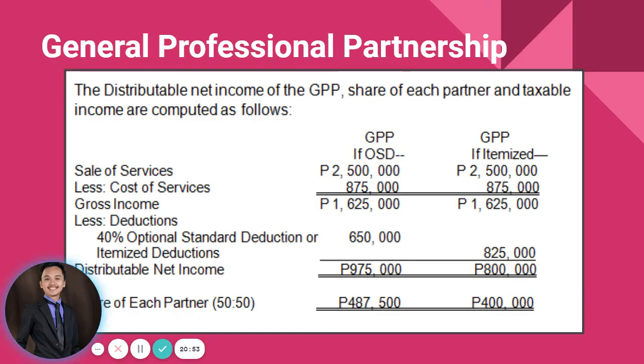So again, guys, the rule is that if there are unliquidated expenses incurred by the partners, which should be part of the operating expenses, such unliquidated expenses of the partnership incurred by the partners can be claimed as an allowable deduction in computing the taxable income of the partners.